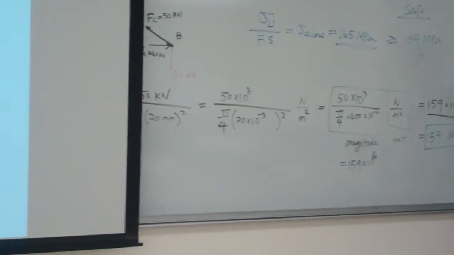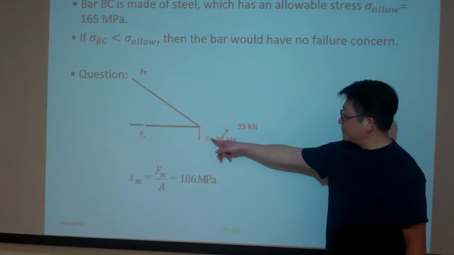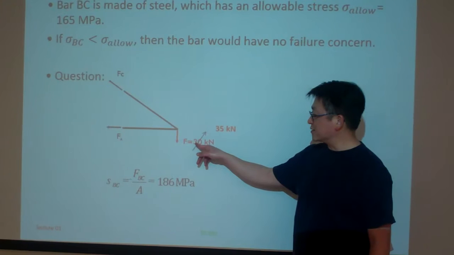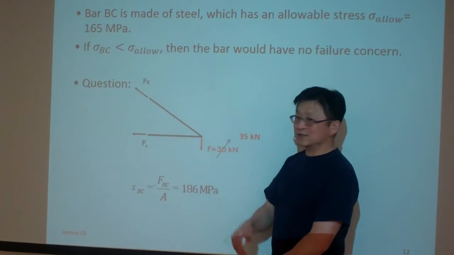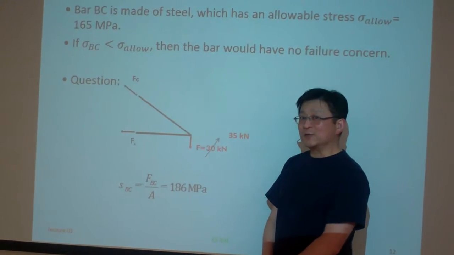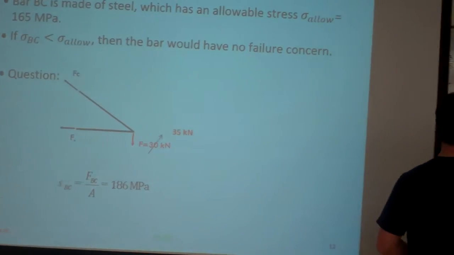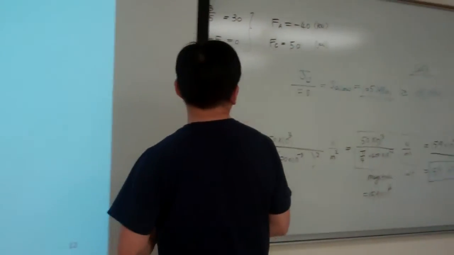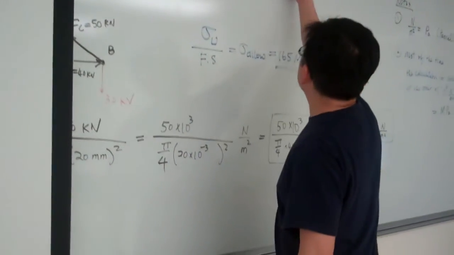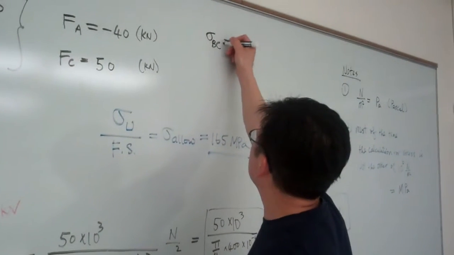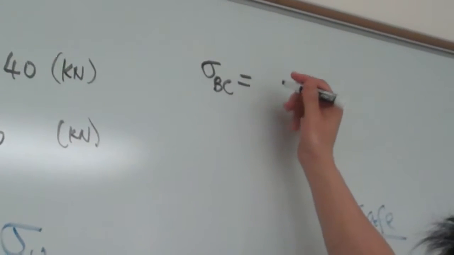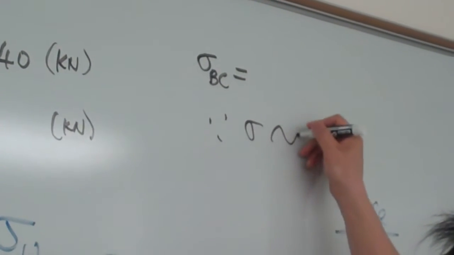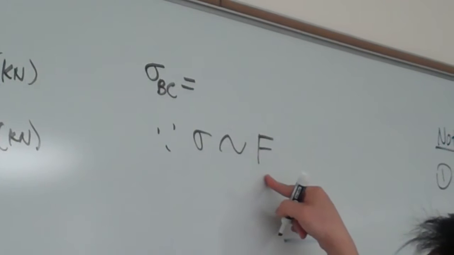So now the similar question is this. If I raise our loading from 30 to 35, is this design in this portion BC still safe? We can do a little bit of calculation. For this scenario, the stress in BC is proportional to the magnitude of the force.